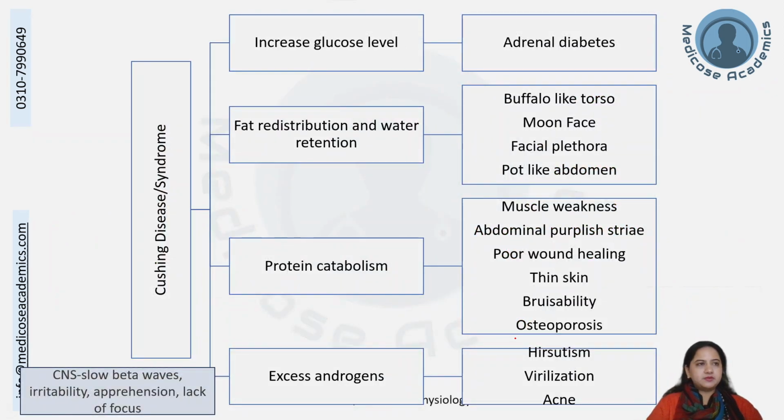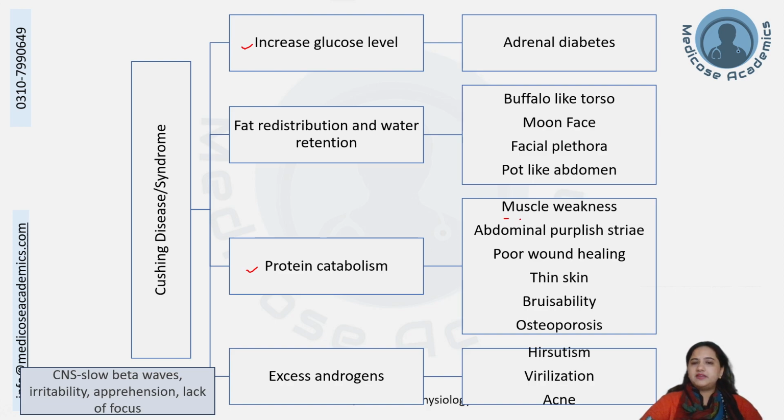Moving on to the symptoms of Cushing disease or Cushing syndrome. What will happen? There will be more mineralocorticoids, more glucocorticoids, more androgens. Blood glucose level, of course, will increase, leading to adrenal diabetes. Very simple. Protein catabolism will now increase.